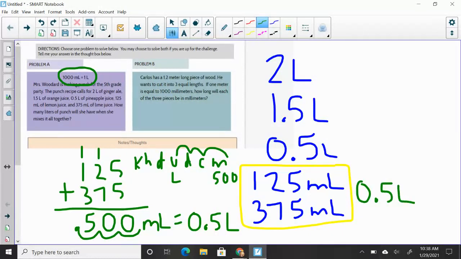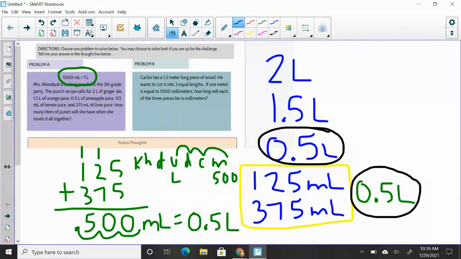So there's half a liter of lemon and lime juice together. And then I can see just by looking at this that these two ingredients, this is my pineapple juice with the lemon and lime, those together are going to make up how many liters? 1 whole liter, right? This is a half, this is a half, and this is a half.